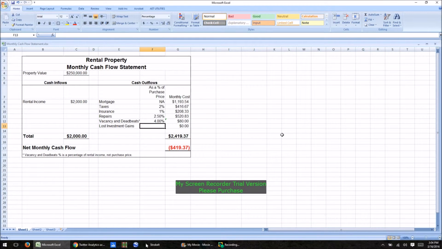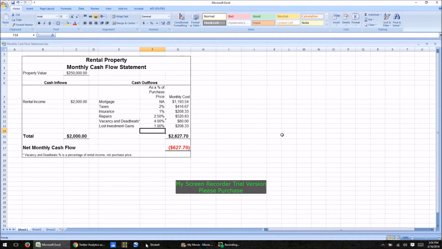For example, if you put a $25,000 down payment, 10% of the purchase price, that is $25,000 that is not going to be invested in the stock market or in a savings account and will not be earning money. So I'm going to say that that is just 1% of the purchase price, and that comes out to $208.